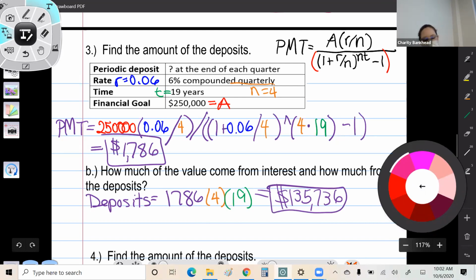So the amount of the interest would equal 250,000 minus that.